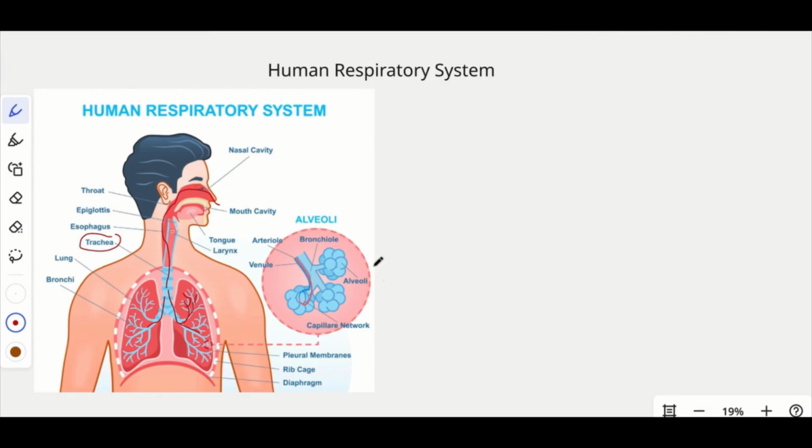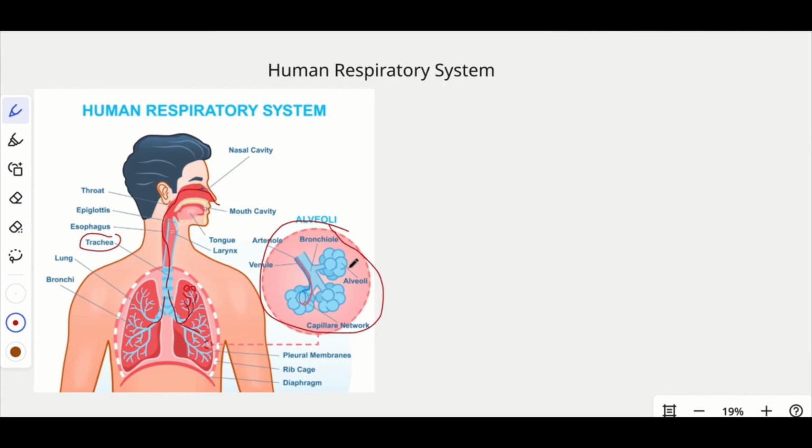These bronchioles end in a tiny air sac called alveoli. At the end of each bronchiole, we have a tiny air sac like this. This is the alveoli. You can see the structure of alveoli.